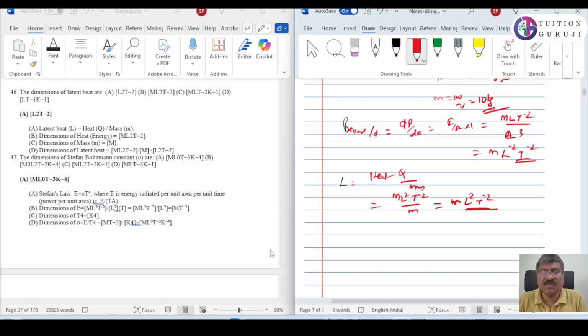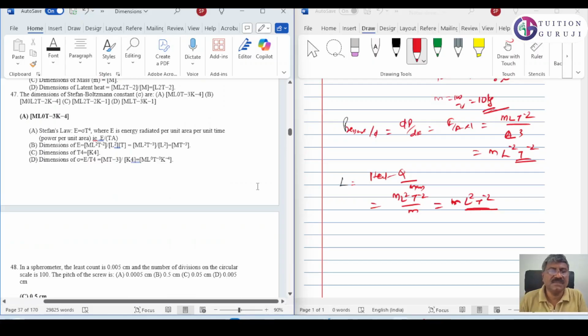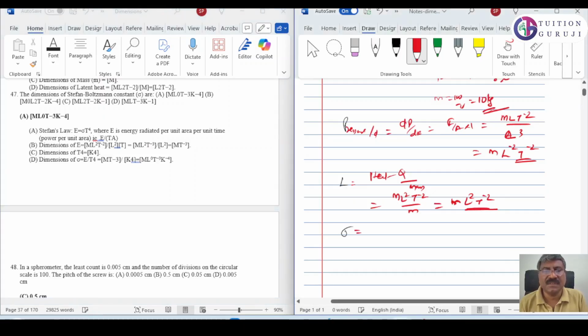Next is dimensions of Boltzmann's constant. Boltzmann's constant we can find out from Stefan's law.